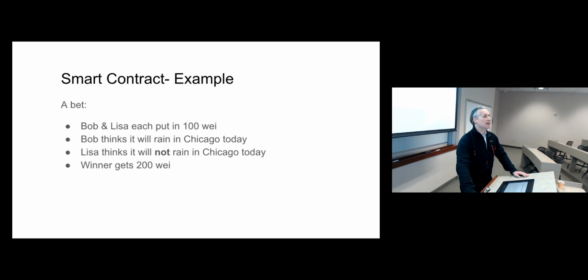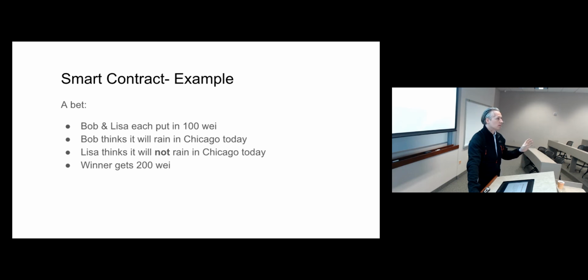Once the oracle has made that determination, what happens with the Wei? It is held in escrow, sorry, not escrow. It is held as a deposit. In a smart contract, we call that a deposit. It's like an escrow. If you think of it as a lawyer, it's the same concept.